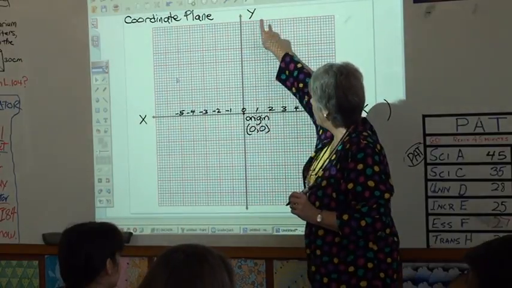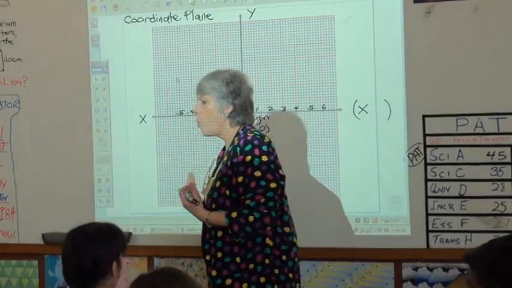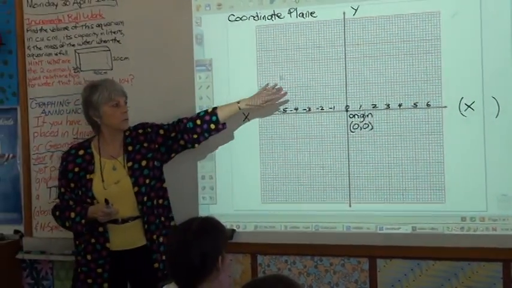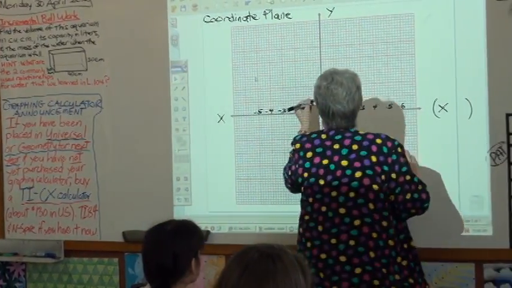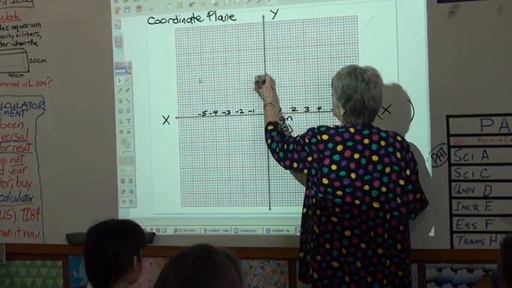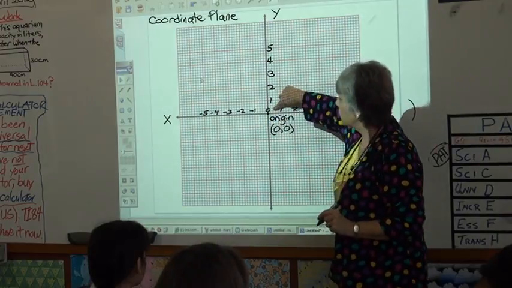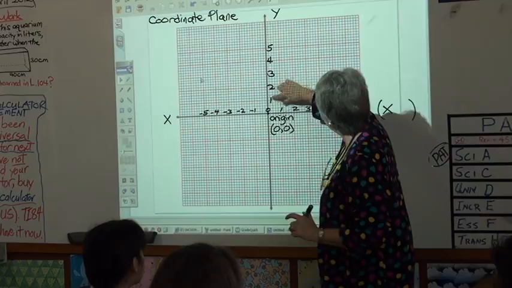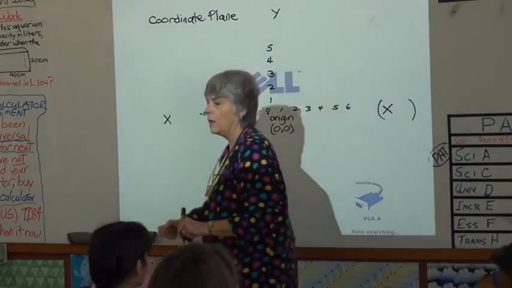This one, the y-axis, also has positives and negatives. Where do you think the positives are on this one? Going up. Very good. That's right. So every pink line, we're going to put numbers going up. So remember, 0 is right in the center where both of the axes intersect. So we're going to go 1, 2, 3, the same space apart using those pink lines.